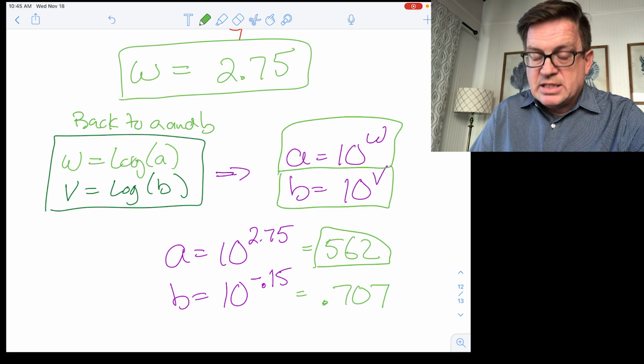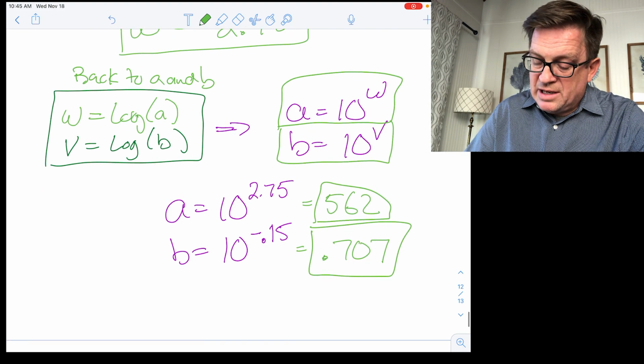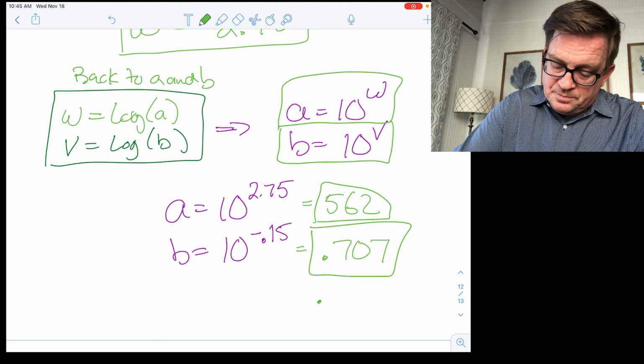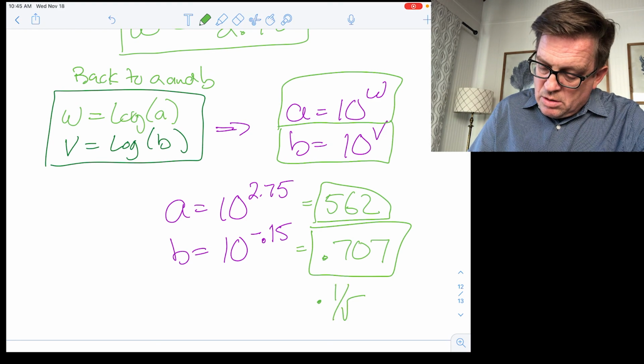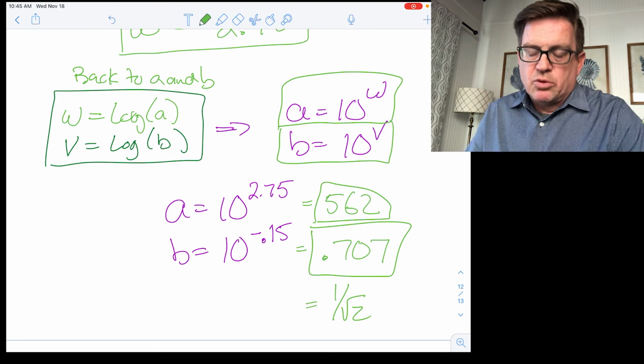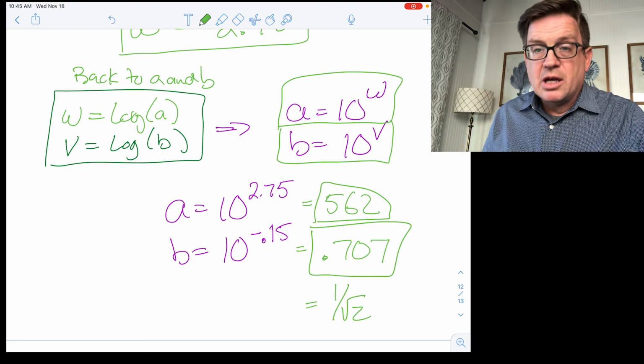And b is 10 to the negative 0.15, and that ends up being 0.707. It really is 1 over square root of 2, but we rounded when we got the 0.15, so the calculator is off by a little bit.